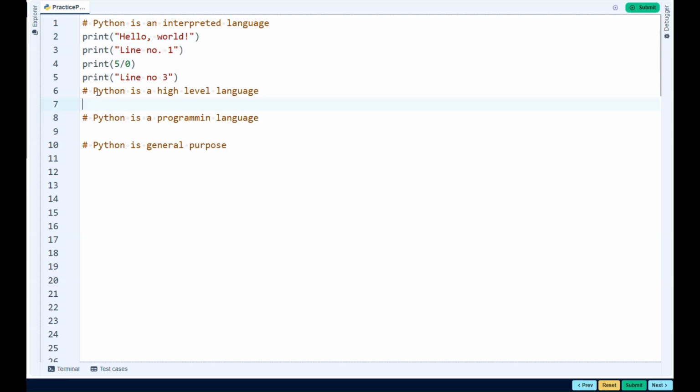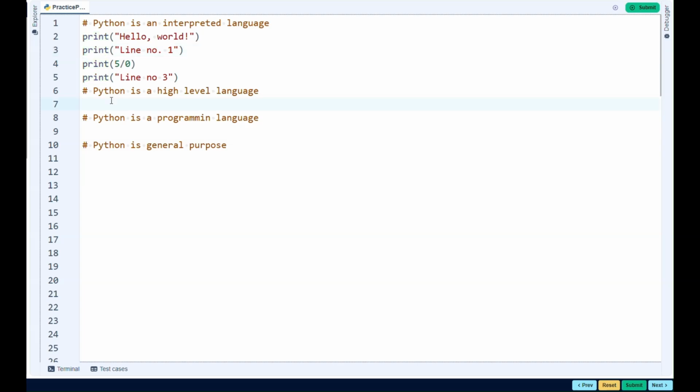Next, you hear that Python is a high-level language. High-level language means, if you notice, I have written print here. Print means we are trying to show something, right? In regular usage too, print means going to the print shop, where you give the file and the shop prints it out as a hard copy.